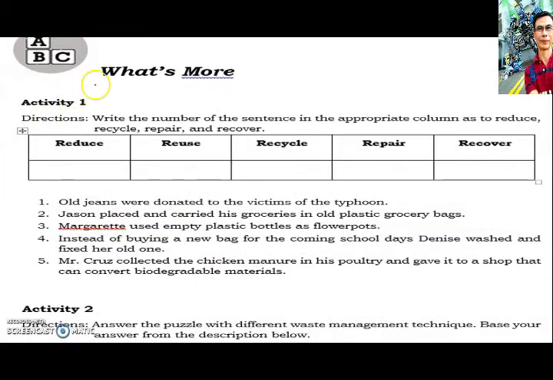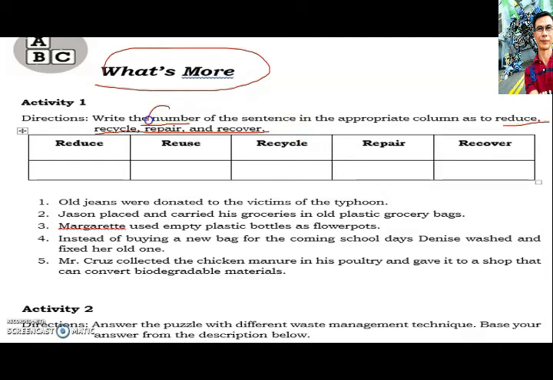And then, next, what's more? On the activity 1, we're going to write the number of the sentence in the appropriate column as to reduce, reuse, recycle, repair, and recover. Only the number will be written on each column.